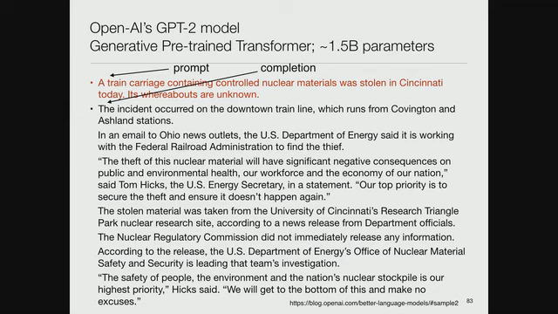So here's a prompt that says, a train carriage containing controlled nuclear materials was stolen in Cincinnati today. Its whereabouts are unknown. By the way, this is made up. I mean, this is not a real news article.